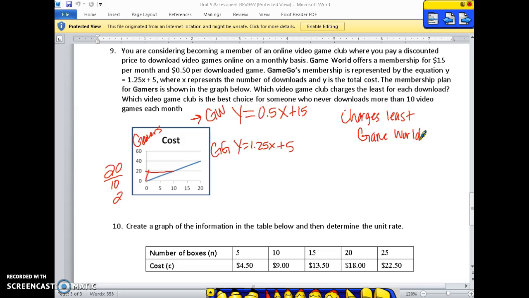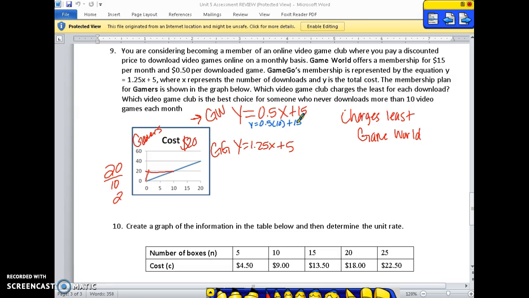Now we need to determine which game club is the best choice for someone who never downloads more than 10 videos each month. So what we're going to do is plug in 10. For gamers, the cost would be $20. For Game World, we're going to do 50 cents times 10 plus 15.